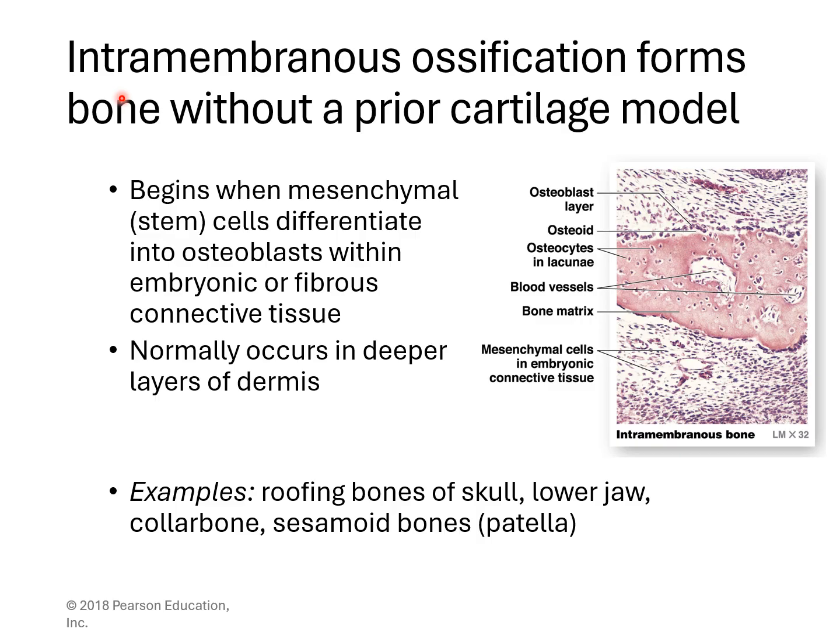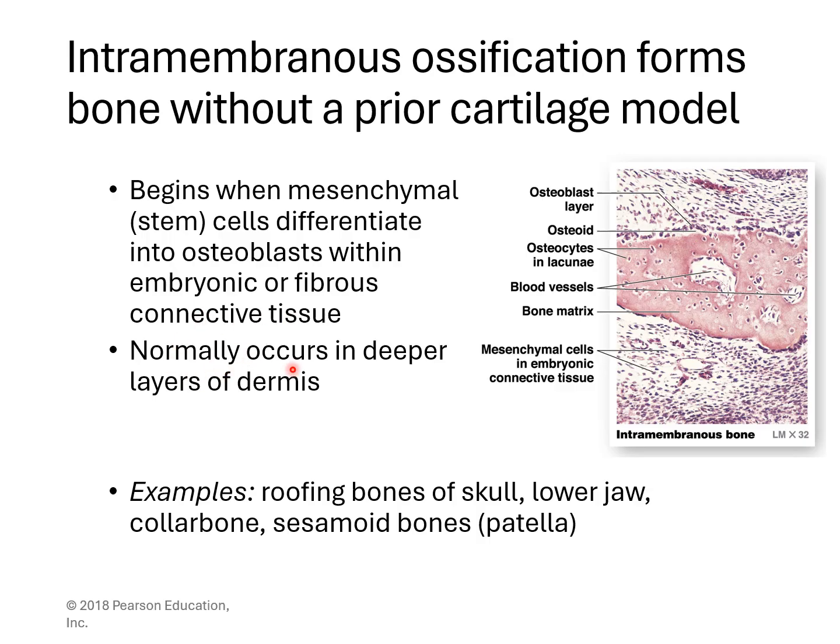So intramembranous forms without a prior cartilage model. This is important. So no cartilage is going to be there when we're making intramembranous ossification. So these mesenchymal stem cells differentiate into osteoblasts within the embryonic or fibrous connective tissue.